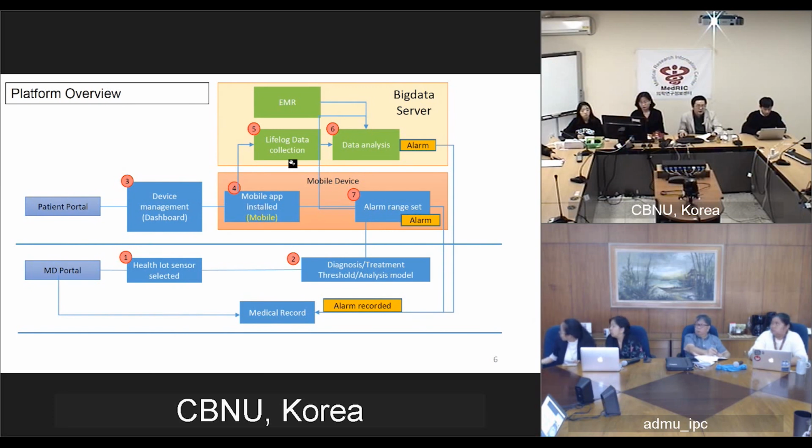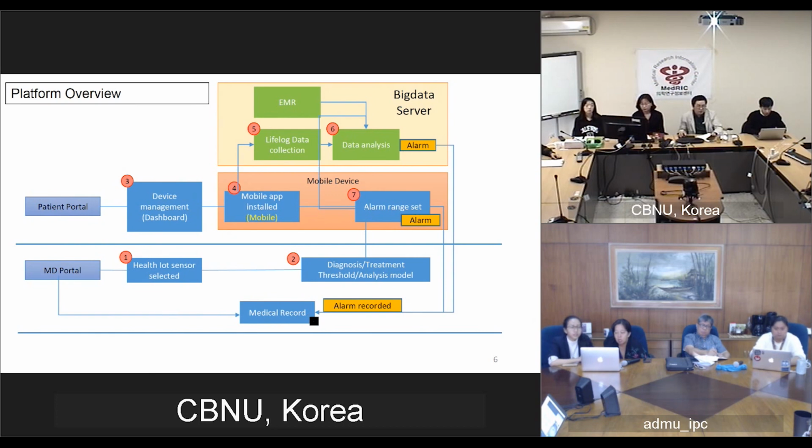to collect the live log data in the big data server. The live log data in combination with EMR data will be analyzed at the big data server. So when there is an abnormal ECG pattern during the exercise, the alarm will go off, and the alarm record will be recorded in the medical record.